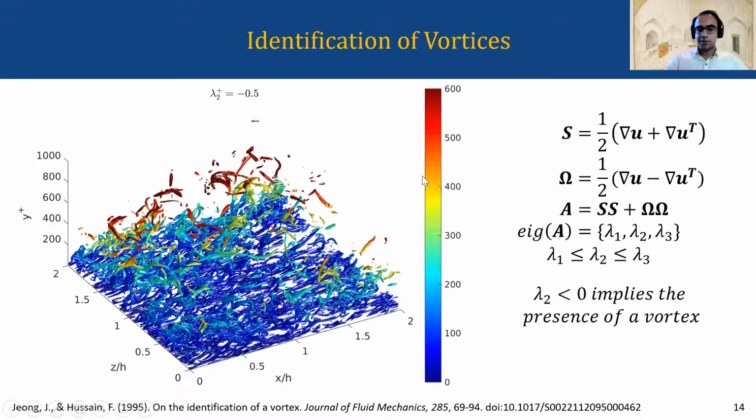So we want to see what the vortices are doing in this transfer, and we identify vortices in the standard way, using the so-called lambda 2 criterion, given in this famous paper, where you take the symmetric and anti-symmetric components of the velocity gradient tensor, you calculate another matrix A, which is S square plus lambda square, and you look at the second eigenvalue, and that being negative implies the presence of a vortex. Alternatively, you can think that this being negative means that the velocity gradient tensor has a complex eigenvalue.